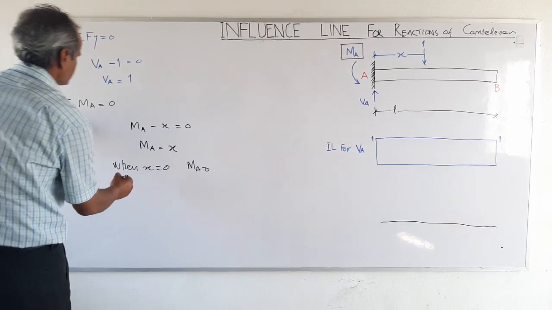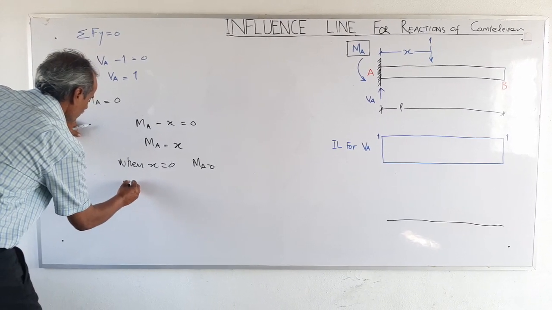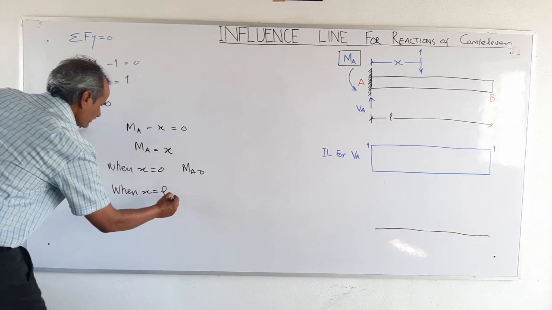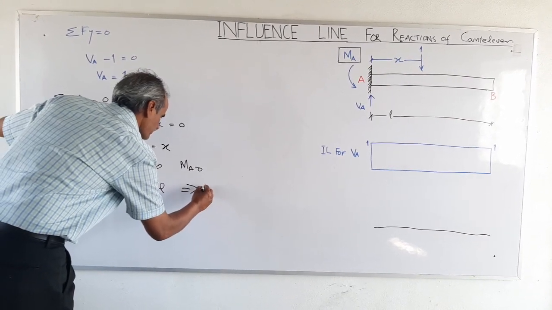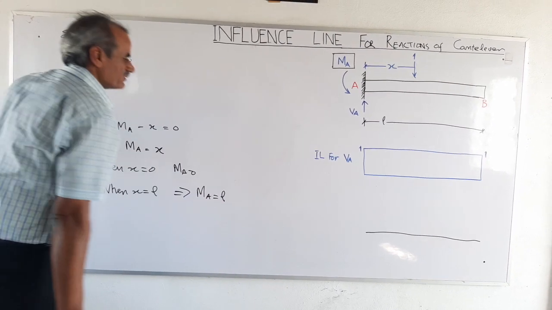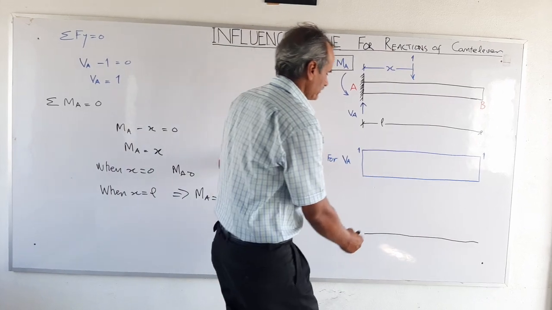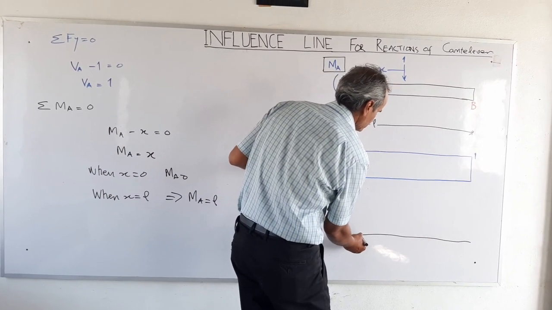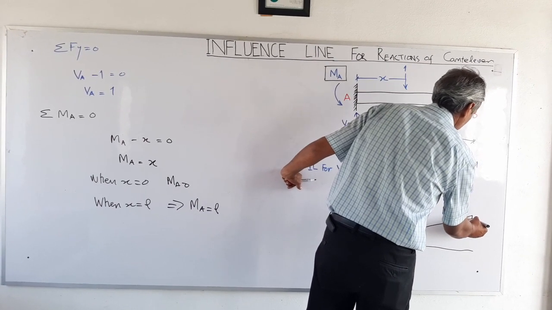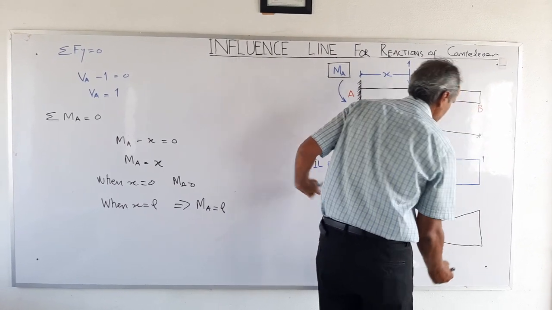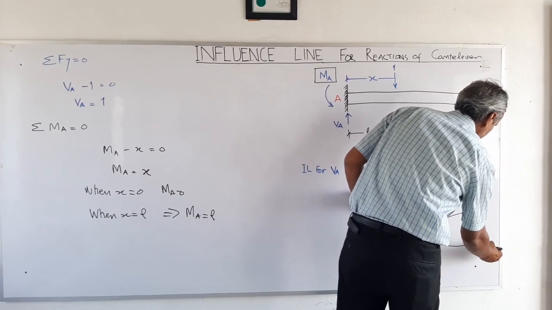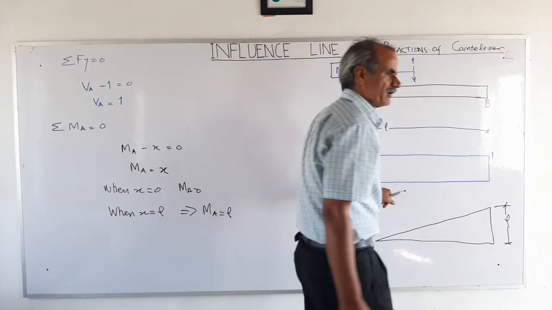When x is equal to L, MA is equal to L. So at the other end, at a distance L, the ordinate is L on the far end.